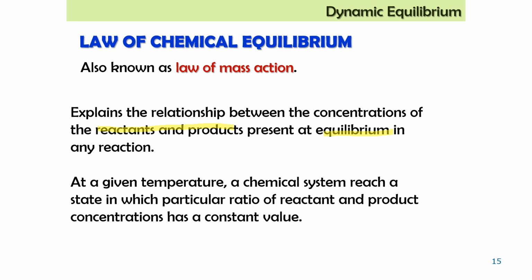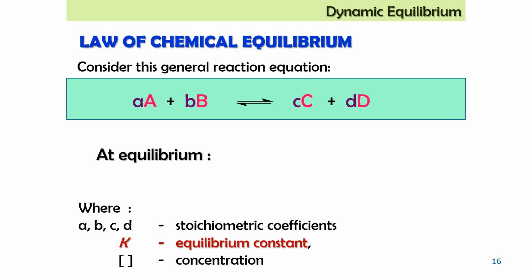So at a given temperature, a chemical system reaches a state with a particular ratio of reactant and product concentrations, and it has a constant value. So let's look at what this means. Let's say you have this reaction. Reactants A and B are the reactants.